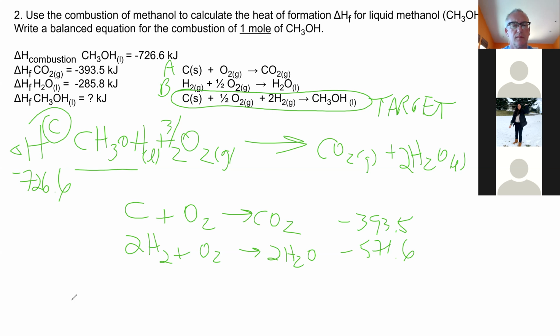You have to flip C. Yeah, let's flip C. So that would be CO2 plus 2 waters makes CH3OH methanol plus 3/2 of O2.